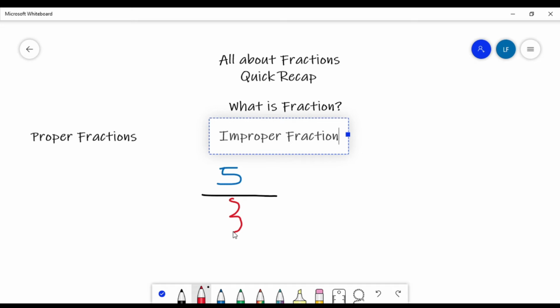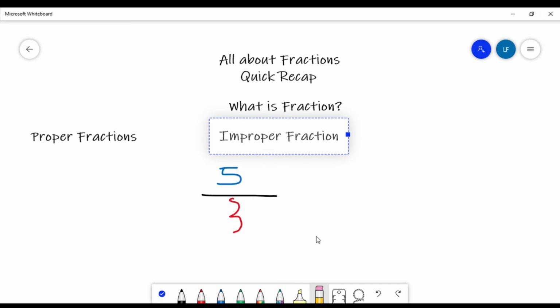Let's go back to the crocodile mouth method. So let's say numerator here and denominator here. According to improper fraction, the numerator will be the largest number. Okay, let's just erase this.